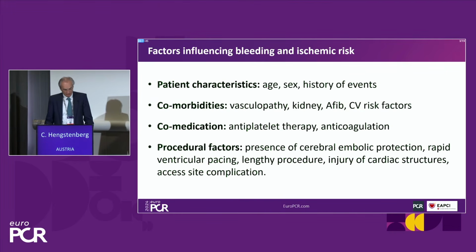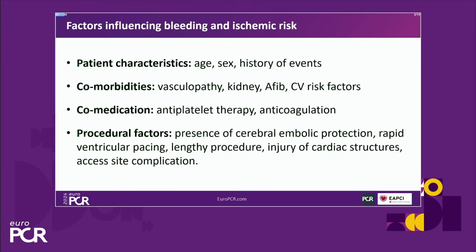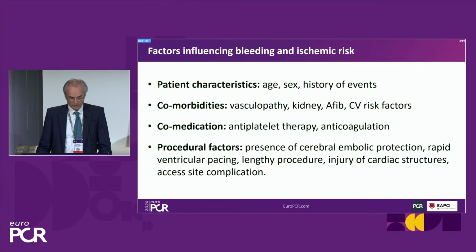So I think many things have already been addressed, such as the patient characteristics: age, sex, history of events such as thromboembolic events somewhere in the body. That is something that puts the patient at a higher risk.